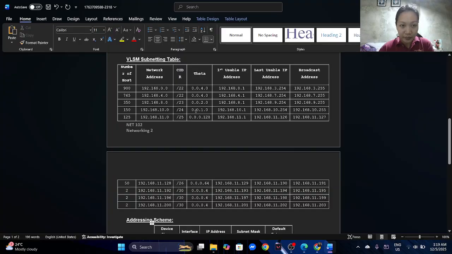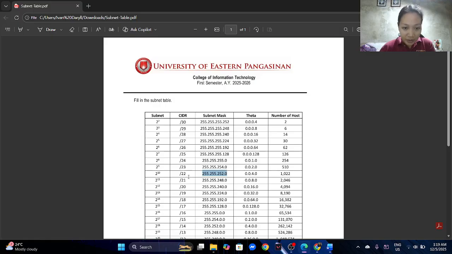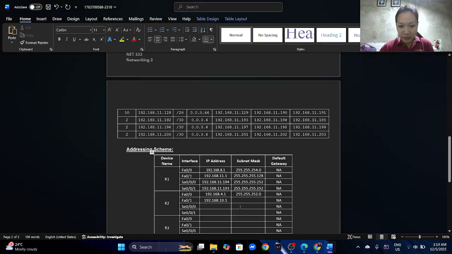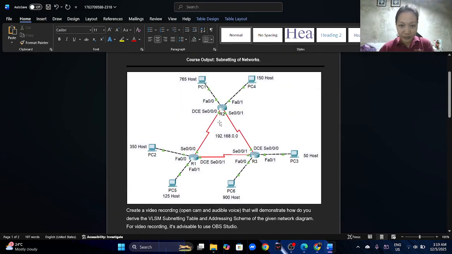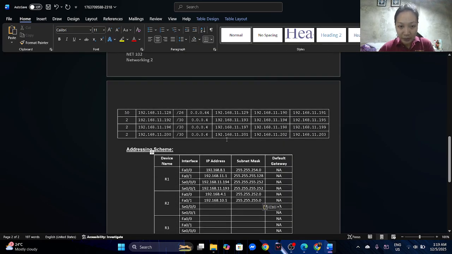And 150 host is CIDR /24, so the subnet mask is 255.255.255.0. For the SE0 of router 2, since it's DCE, gagamitin natin yung first usable IP ng router 2. So 192.168.11.197.